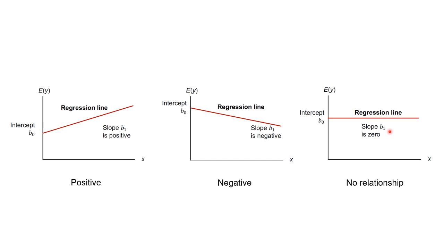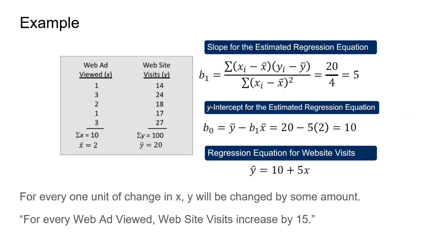Now, this may look familiar from the correlation video, and that's because regression and correlation are very much related. And this is beyond the scope of this class, but if you're interested, we can talk about it. Now, here's an example of using simple linear regression, where we have data from web ads that are viewed and the website visits.